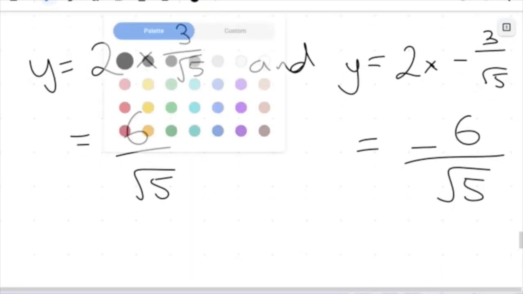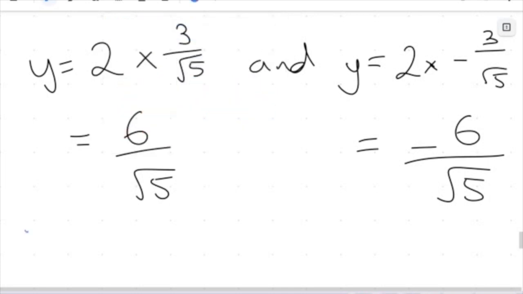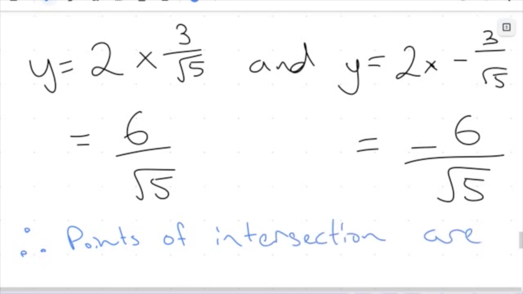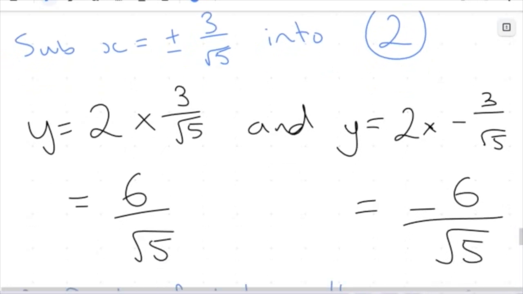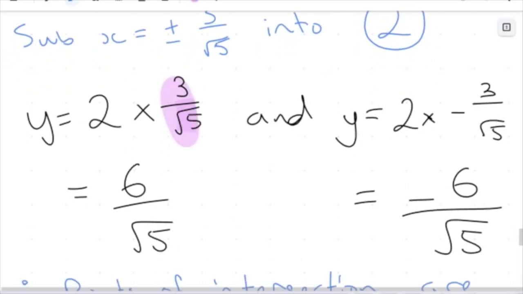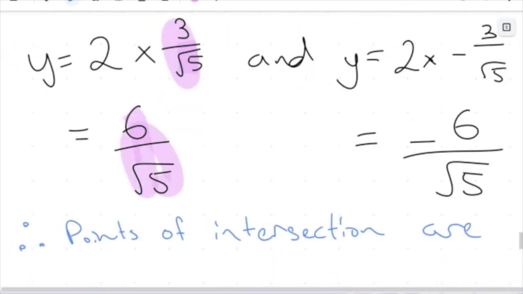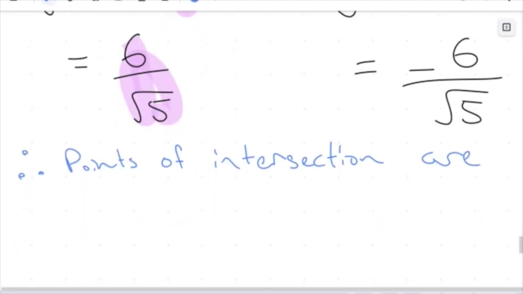So, therefore, I can say the coordinates of my points of intersection are, one of those is positive 3 over root 5 and then 6 over root 5.